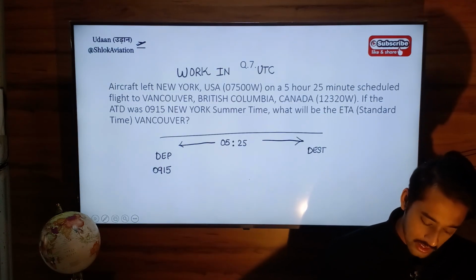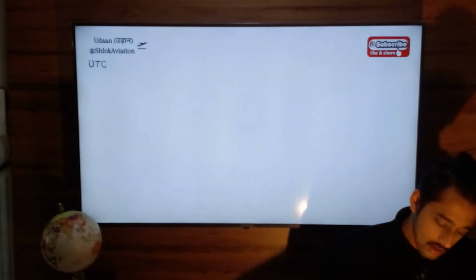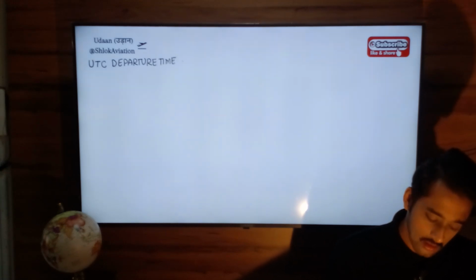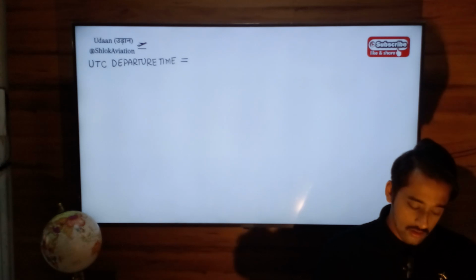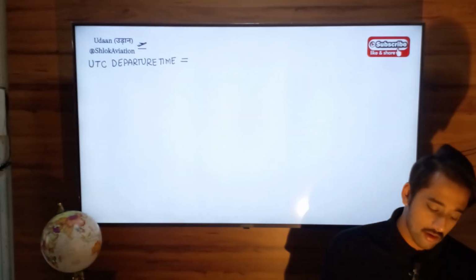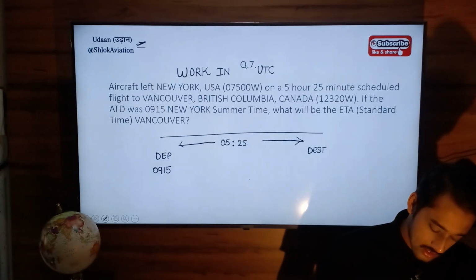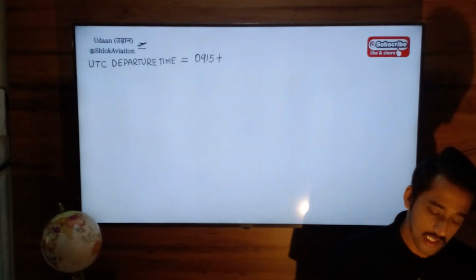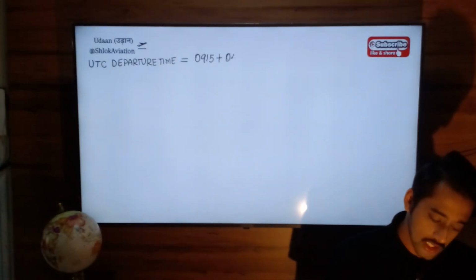Okay. So UTC departure time will be equal to 0915 plus 4, which is 1315.